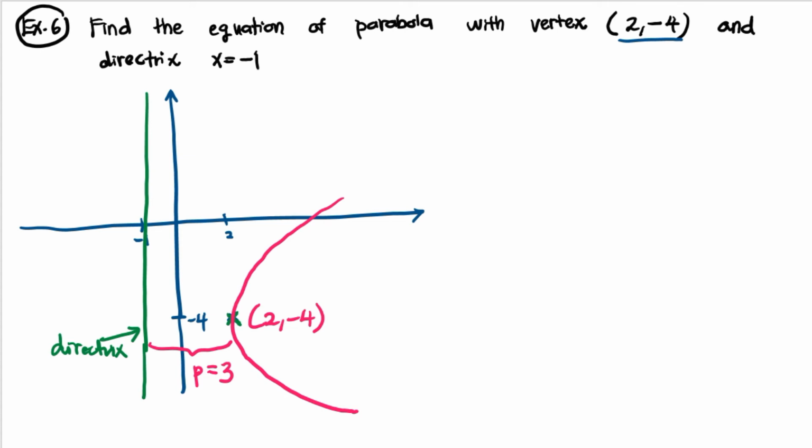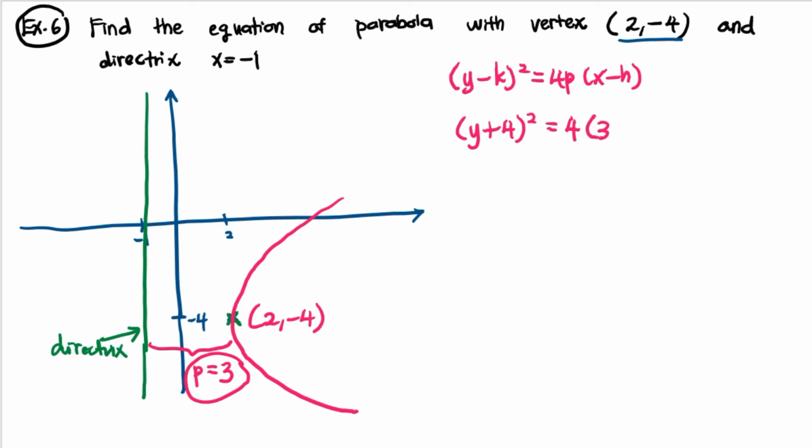When you have this type of parabola, the equation is given by (y minus k) squared equal to 4p (x minus h), where (h, k) is the vertex. So (y plus 4) squared is equal to 4p. p is actually 3, so 4 multiplied with 3, (x minus 2).